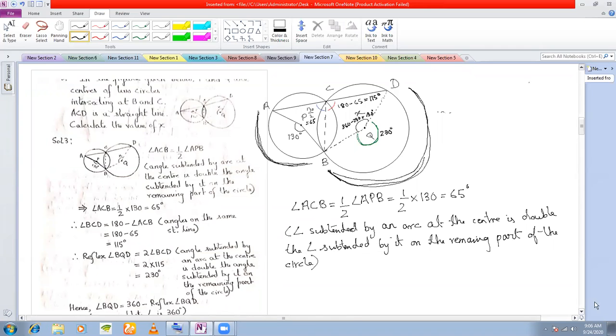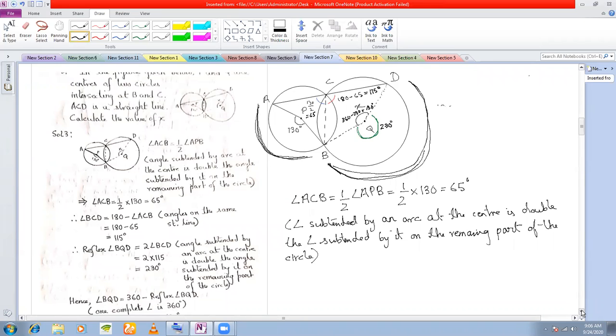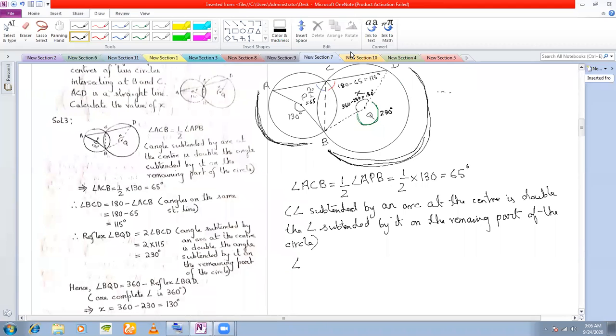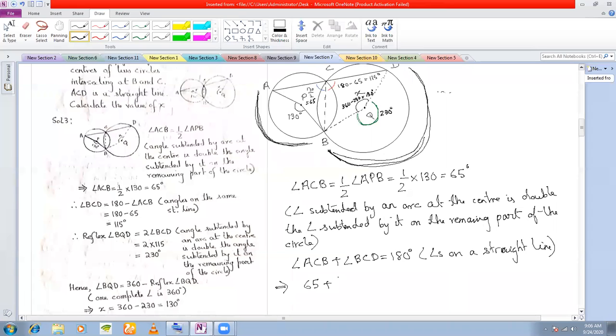Okay, so this is your blue angle. Now I'll write the statement about the red angle. What angle are we talking about here? Angle ECB plus angle BCD is equal to 180 degree because angles on a straight line, and angle ACB, I have found this to be 65.